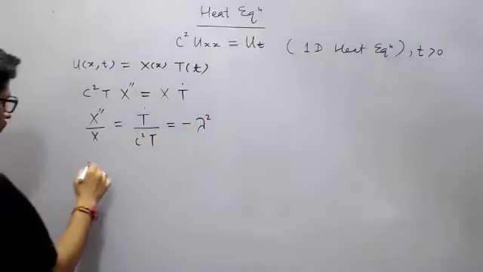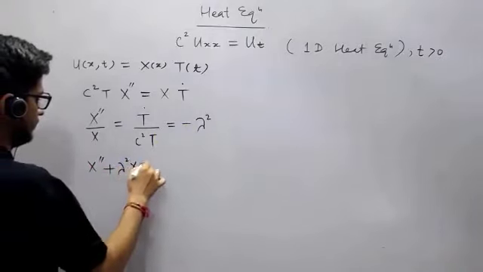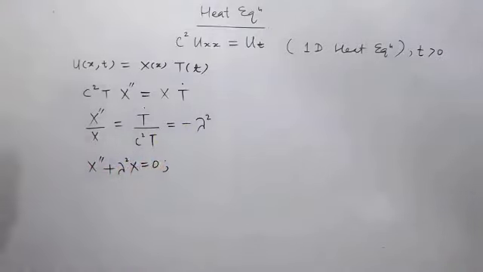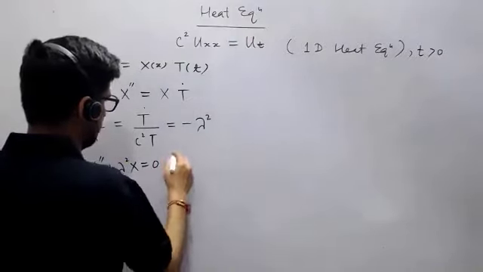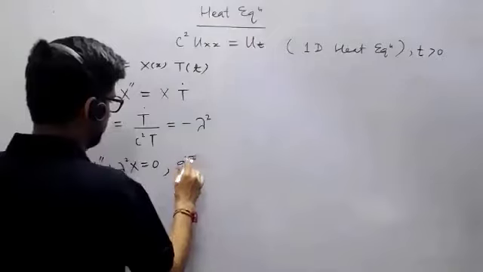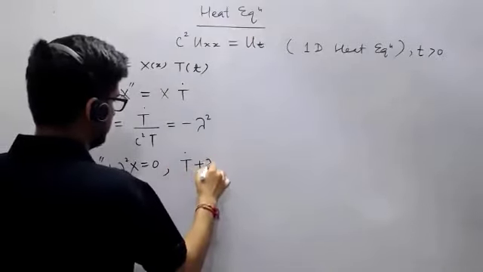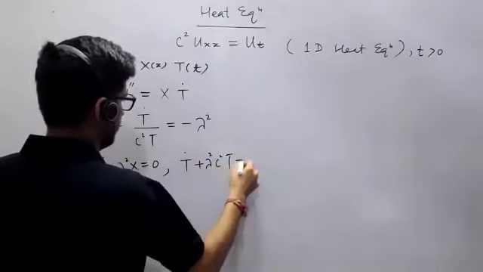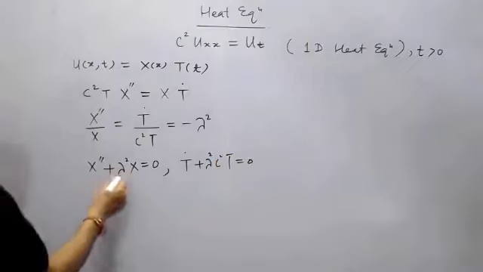So it will become X double dash plus lambda square X is equal to 0. This is the first equation, and we can write the second as T dot plus lambda square c square T is equal to 0. Okay, so these are the two equations.